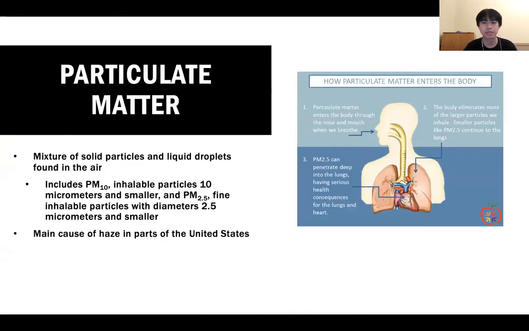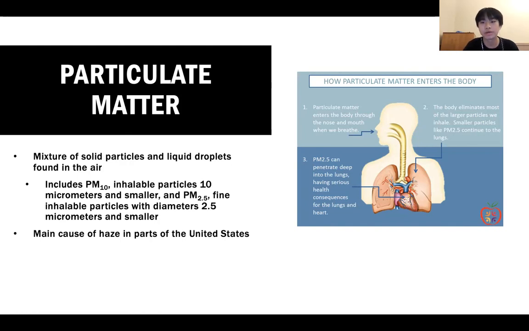Next, we'll talk about particulate matter. In the image to the right, we see how particulate matter enters the body. It enters through the nose and mouth when we breathe. Larger particles are mostly eliminated by the body, which includes PM10, inhalable particles 10 micrometers and smaller.